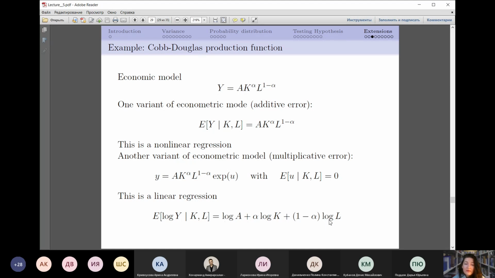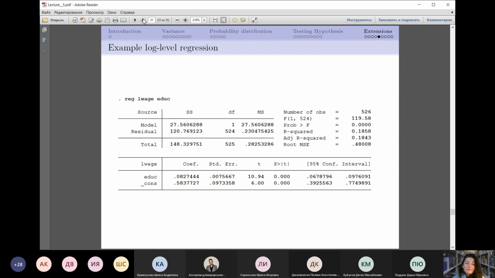You remember that the logarithm of a product of two factors equals the sum of the logarithms of these factors. This is a general property of logarithms, and it's a very useful property for us, so we can linearize some models. Okay, now let's have some practice.